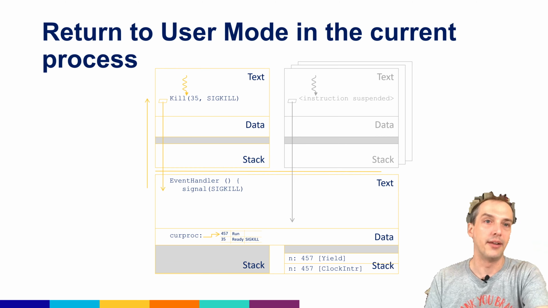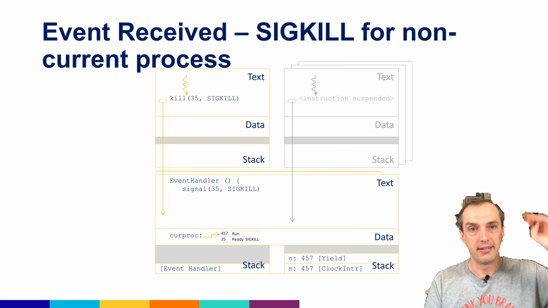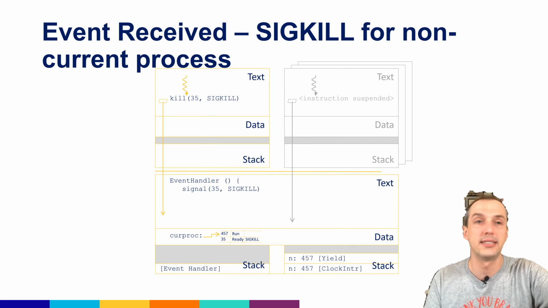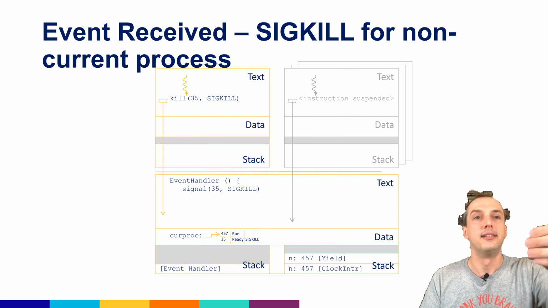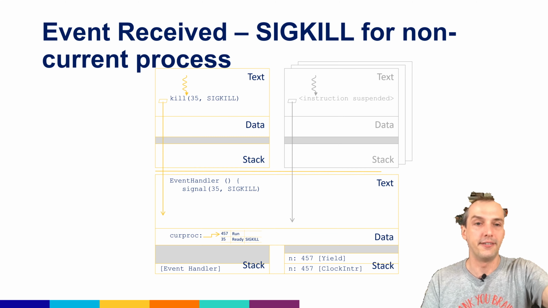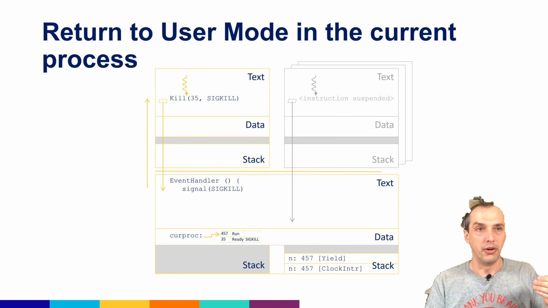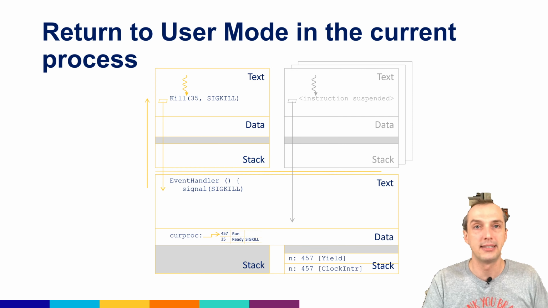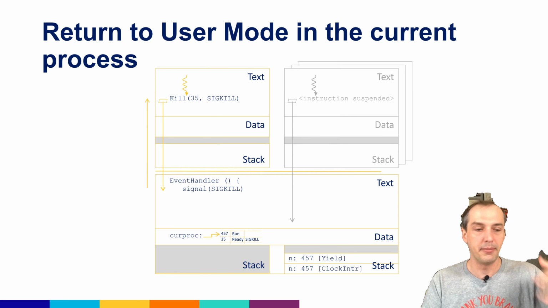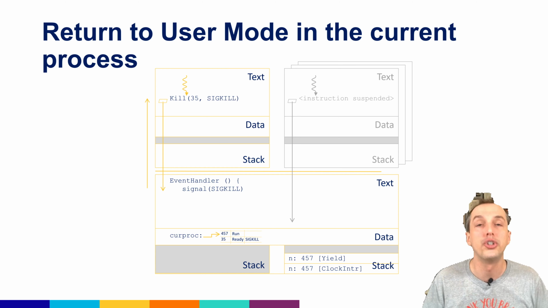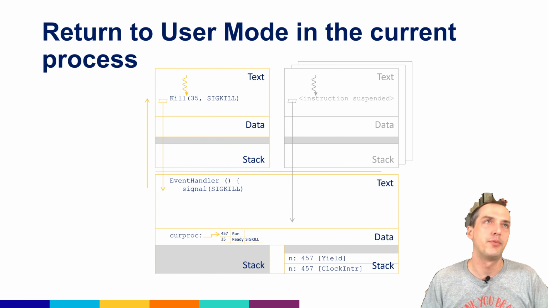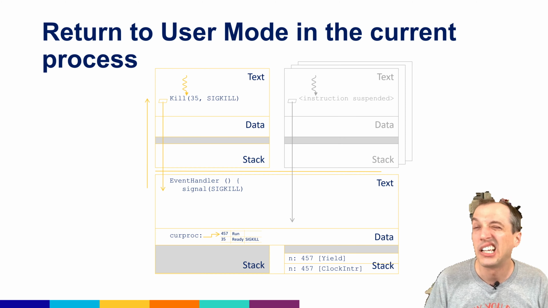gets given access to the CPU again. So what will happen here is that to perform a syscall in /bin/kill, it sends the signal SIGKILL to process 35. I return from kernel mode back into user mode in the current process because that process has not used up its quantum yet. Every process, if it has more work to do, will be given up to, I think, 100 milliseconds.